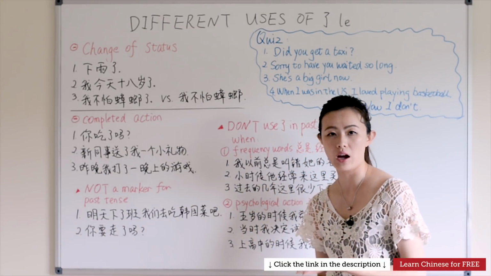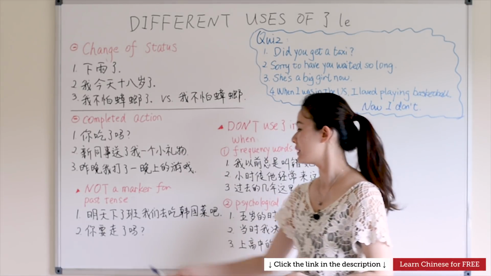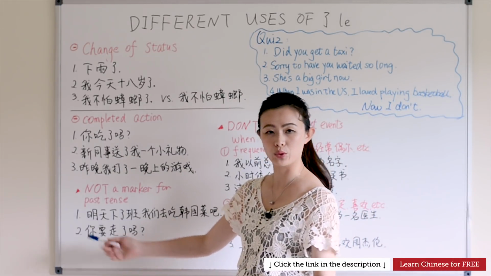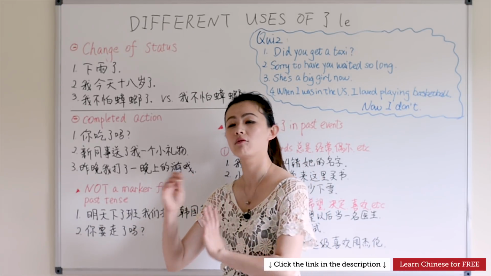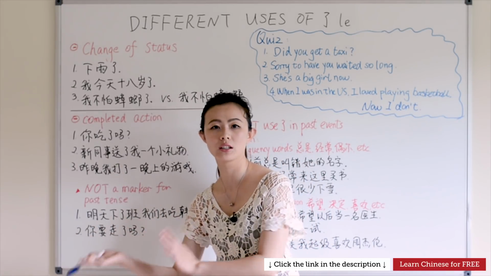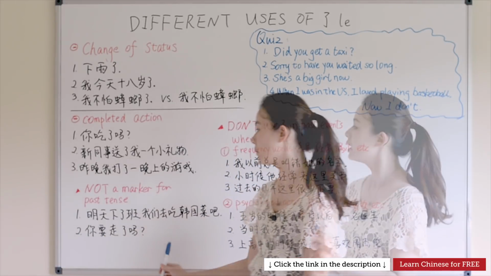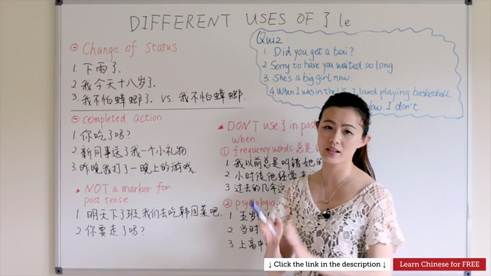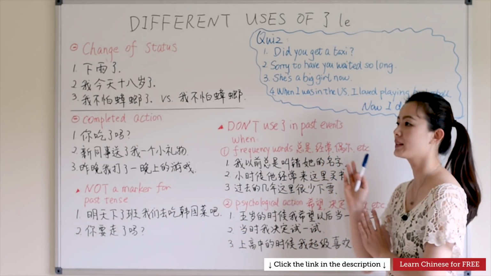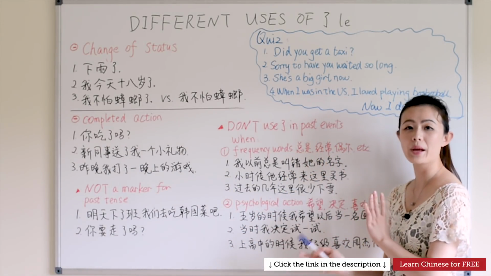Or are you leaving now? Are you going to go? See, there's a 了 after 走, to go, but it's not talking about the past. It's talking about right now or even in the future in a little bit. 你要走了吗？So 了 indicates completed action, but it's not a marker for past tense. It is not only for actions that happen in the past.